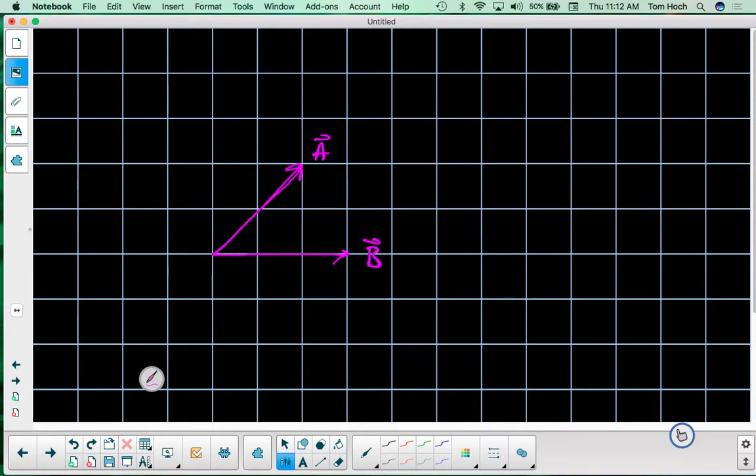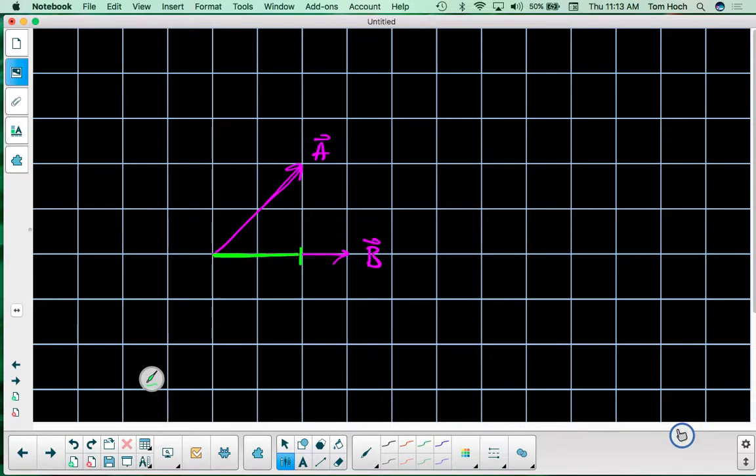Because A cosine theta is in the direction of B, you've got to see, it is 2, right? Times the length of B, which is 3. 2 times 3 is 6. And cosine theta, because it's 45 degrees. No, what happens to cosine theta?